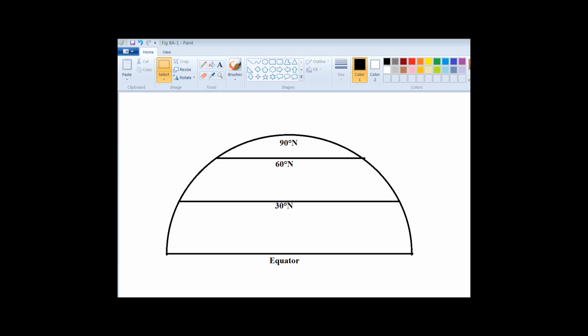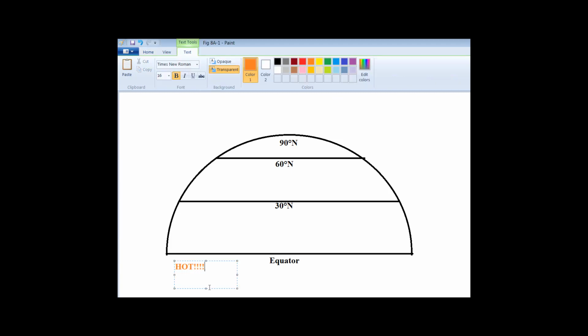Alright? Now that being said, let's begin to construct our model. So, the sun is over the equator. Therefore, the equator is going to be nice and hot. Let me actually use orange here. The equator is going to be nice and hot.